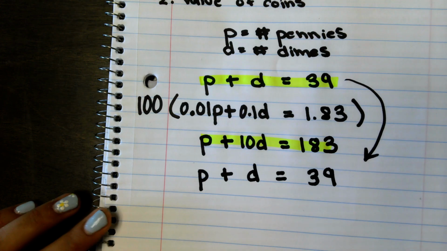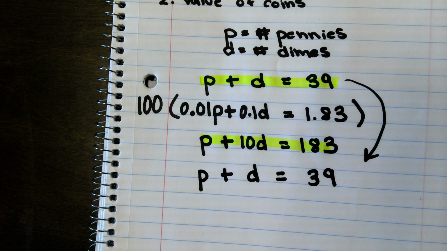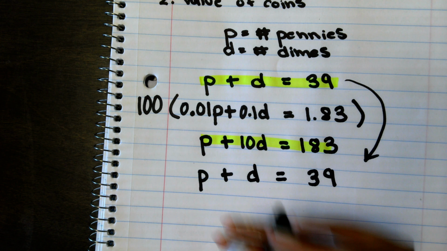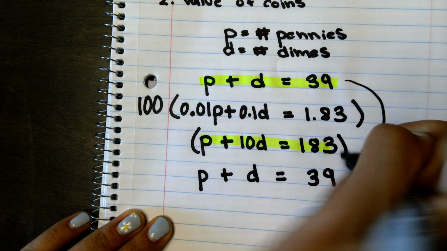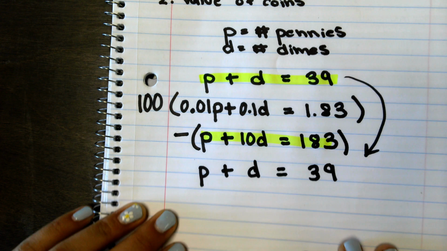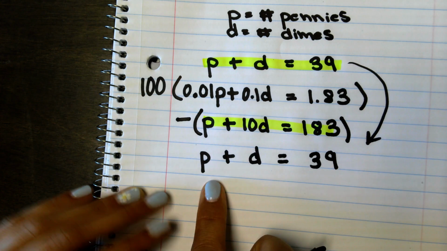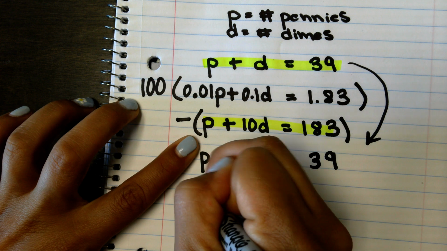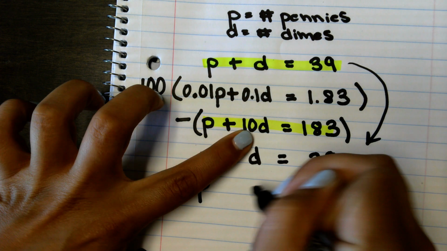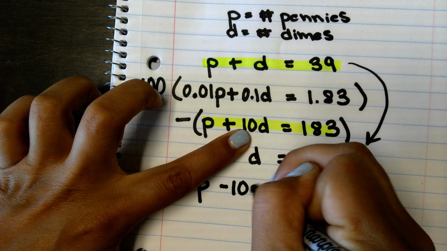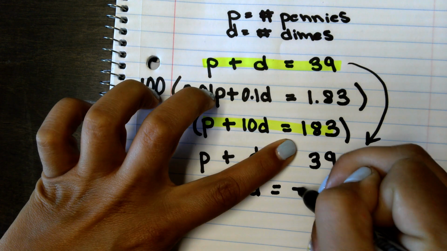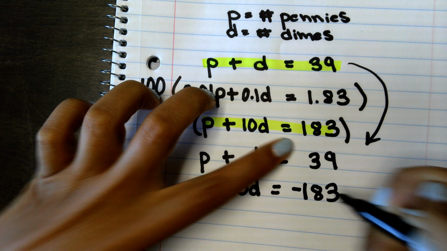All right. So I'm going to start by canceling. Let's say I want to cancel the p's. Well, one of them needs to be negative, so I'm going to multiply through by a negative. I'm going to rewrite this equation down here. So negative p, negative 10d, equals negative 183.